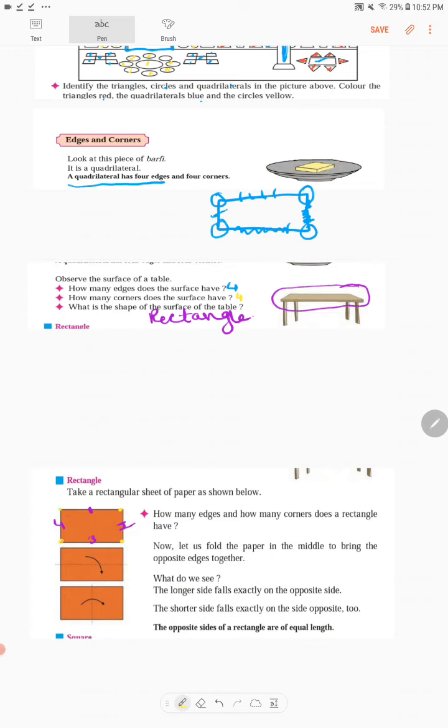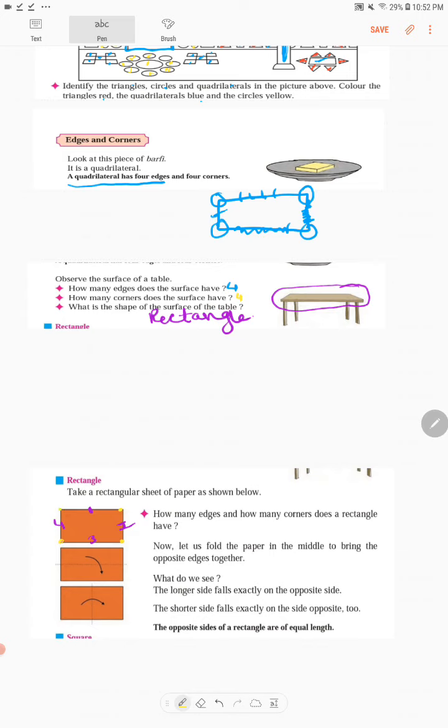Now see children, what we do is we take this rectangular paper, and I will fold this corner and it will overlap.